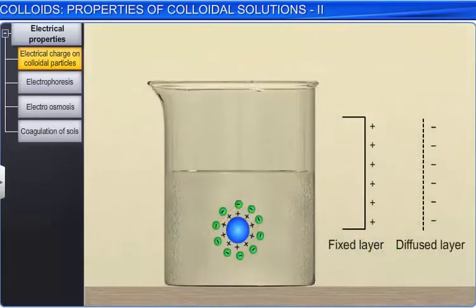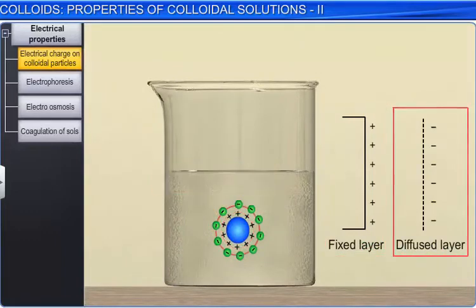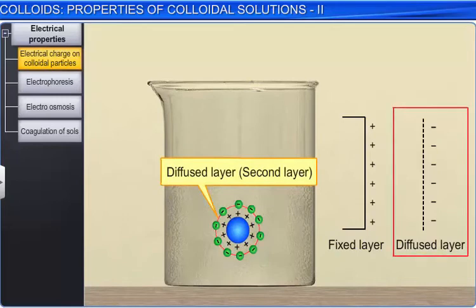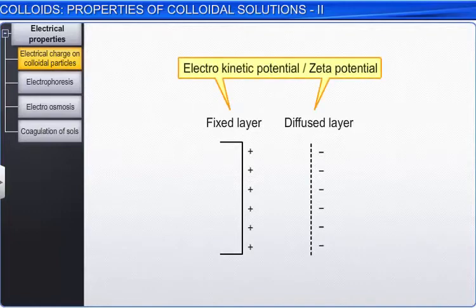The first layer is firmly held and is called the fixed layer, while the second or outer layer is mobile and is termed the diffused layer. The presence of opposite charges on the fixed and diffused layers results in a difference in potential. This potential is called electrokinetic potential or zeta potential.